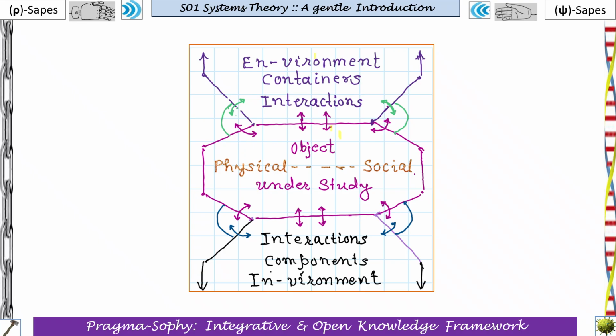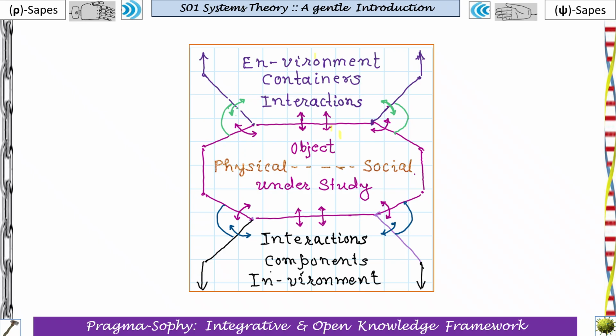Objects can be anything: a person, a machine, an idea, an organization, a molecule, or a market. Links describe how these objects influence or affect one another. These links can involve flows of matter, energy, information, money, or even social influence.